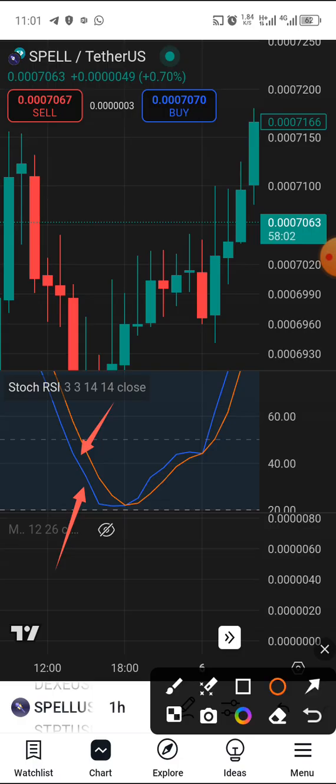So if you are to draw a vertical line, you draw it at this point here, where the signal line made a golden cross, crossing above the average line. And how are you going to use that vertical line? Because we are trading history.